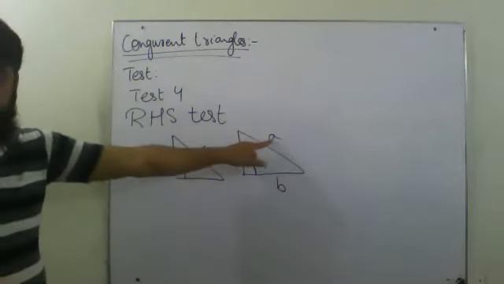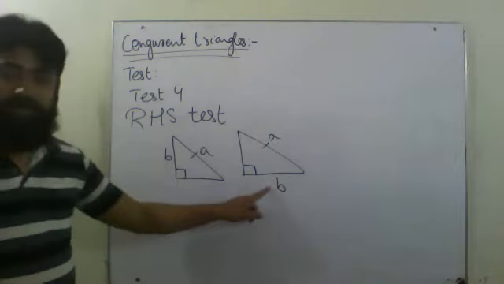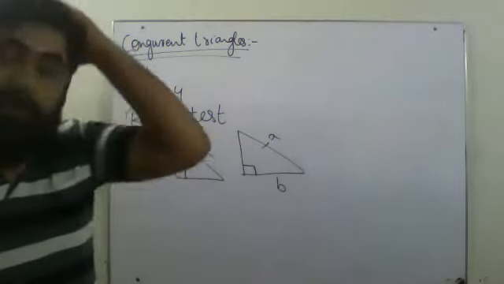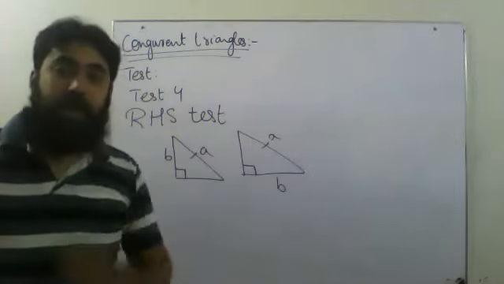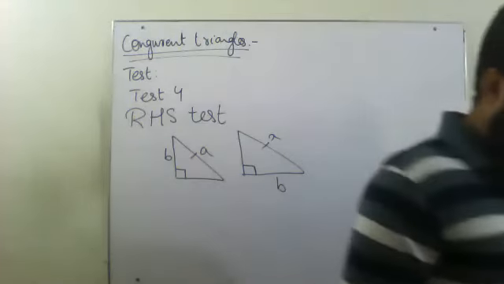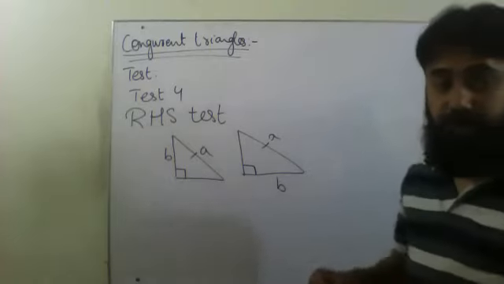One side over here is B, one side over here is B, and it's a complete right angle triangle. So in this scenario, we have a pair of congruent triangles.